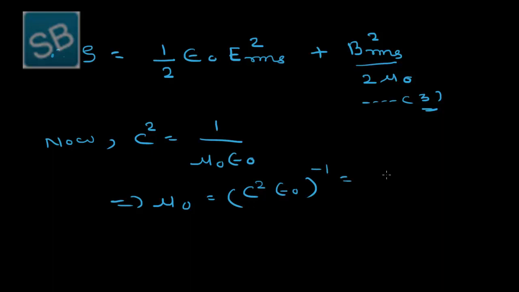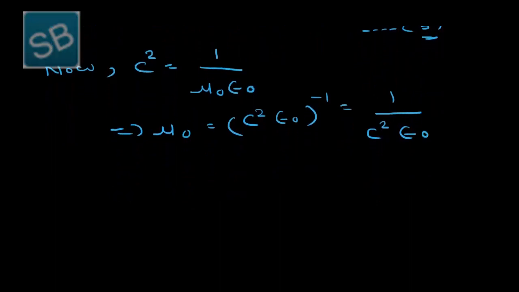It is equal to 1 over c square into epsilon 0. Which value I can substitute in this relation, but B RMS is equal to E RMS over c, because we have earlier considered one relation in characteristic number 2, that E over B is equal to c. So the same relation I am using over here.